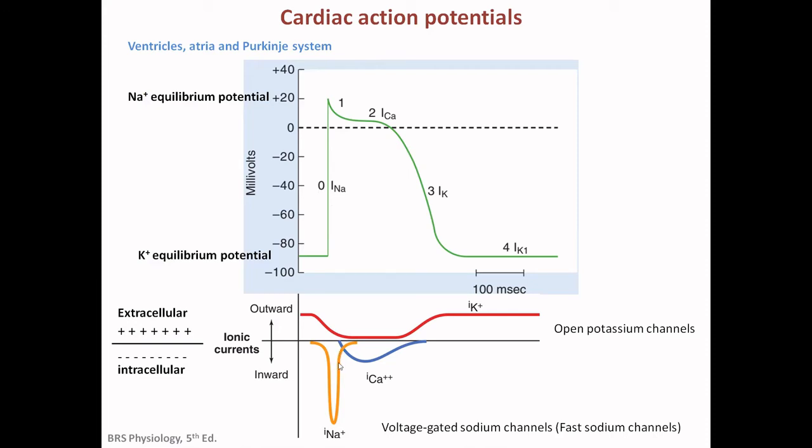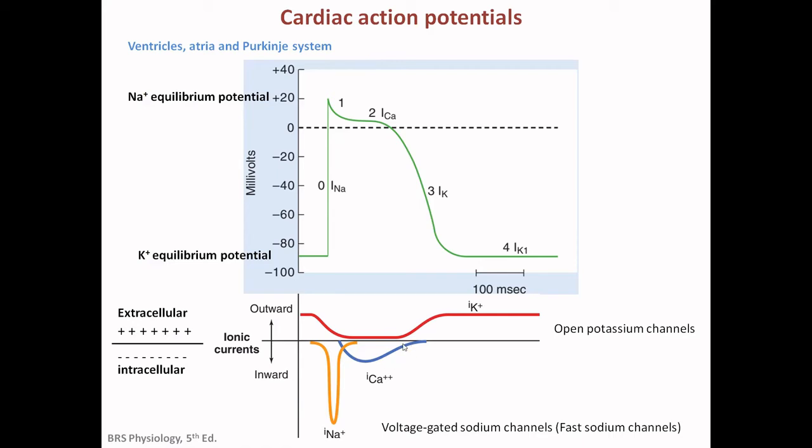But when the sodium crosses into the intracellular environment, it increases the positivity of the intracellular environment, which is now almost going to zero. There is a calcium influx into the cytoplasm to increase this positive charge. Because of that, we can see there is a plateau. So this is the current because of the calcium, and calcium maintains this plateau. The calcium is released into the cytoplasm from the endoplasmic reticulum, and sometimes from the extracellular environment.